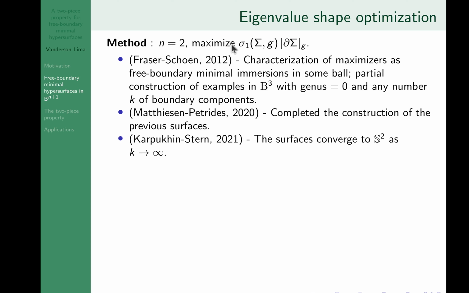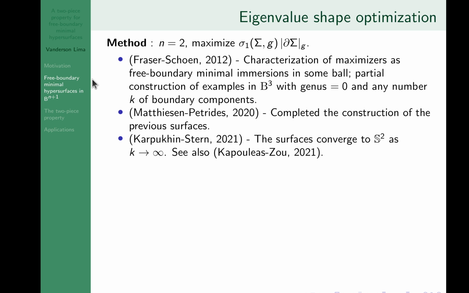And also we have this very interesting result by Kapouleas and Stern. They prove that these surfaces converge to the boundary of the ball, S2, as the number of boundary components goes to infinity.